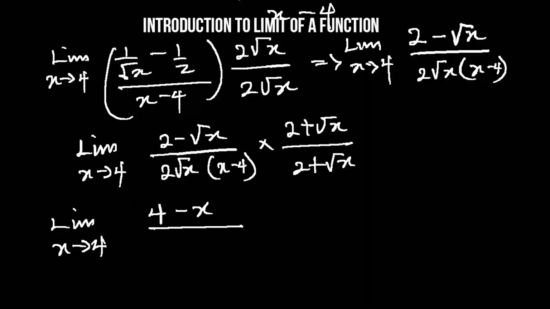Then I have 2 root x multiplied by this, that will give us 4 root x, then plus 2 root x multiplied by root x, that will give us 2x. I hope you understand that, because whenever root x multiplies root x, your result is going to be x. So everything is multiplied by x minus 4.